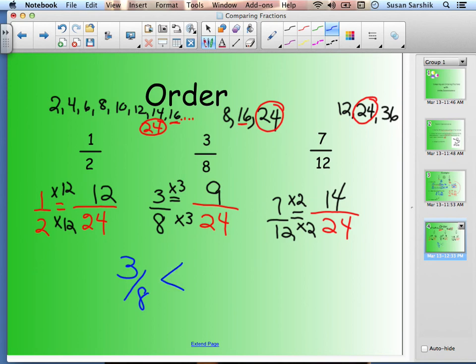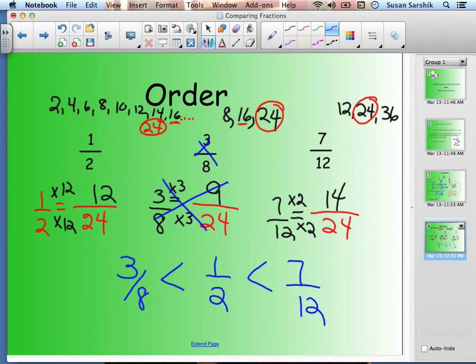The next smallest would be 12/24 compared to 14, so it would be 12, which is 1/2. And then my greatest fraction is the 7/12.